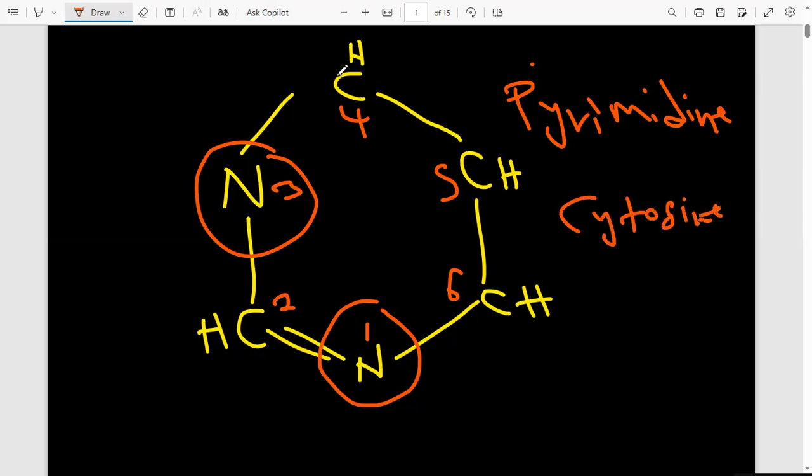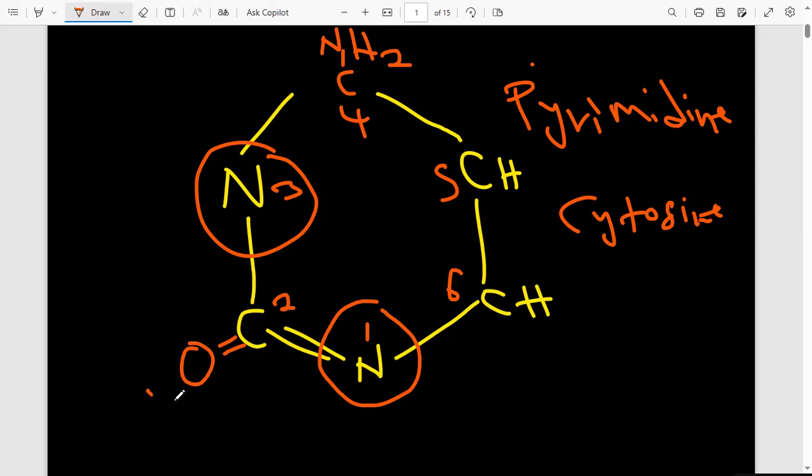Okay, so here let me draw it. So if here I remove this guy, and then I add an amino group like that. Okay, and then here I add a ketone. You see that this structure will be pyrimidine, because these positions here are maintained.